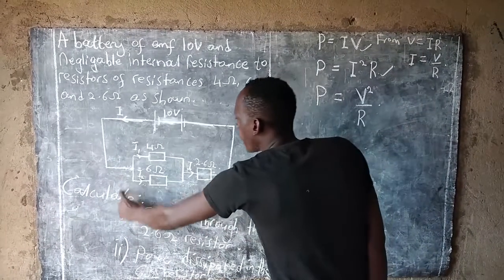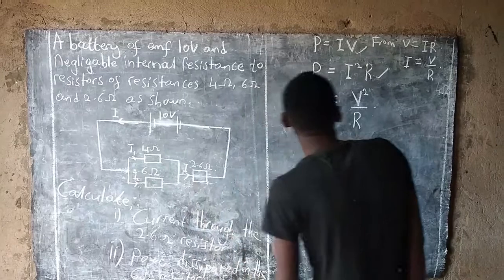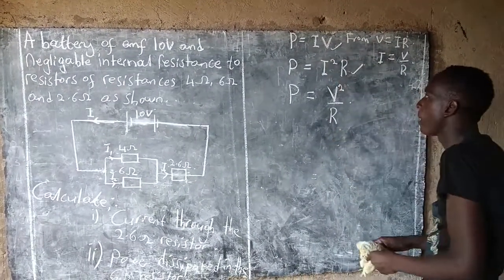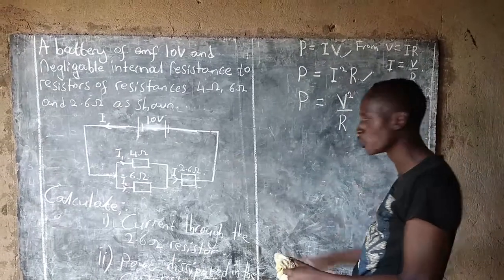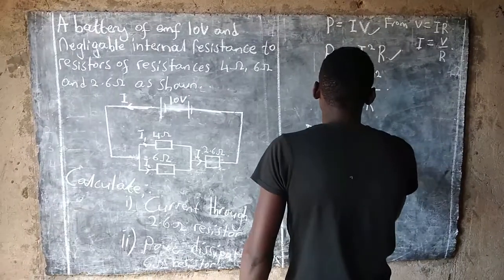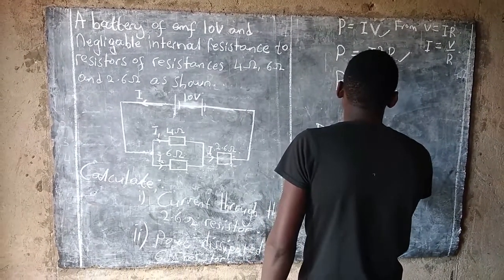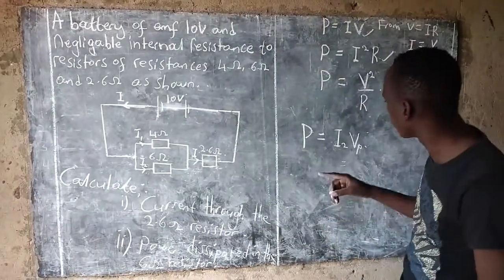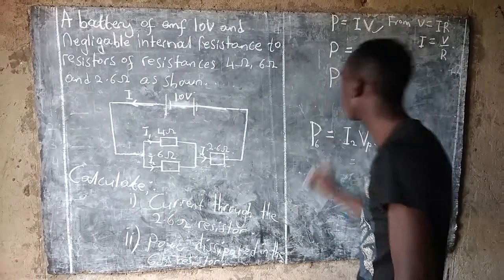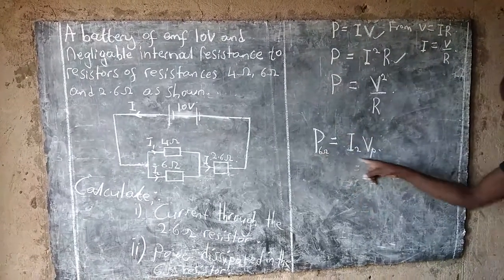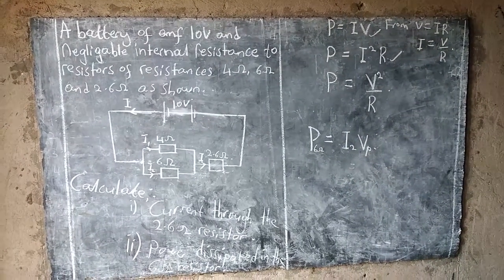We call it the parallel PD. So if I'm to use this one, I have to have I2, then VP, because it is the power through that 6 ohm resistor.